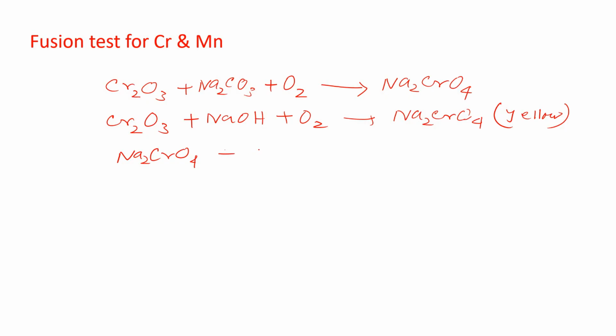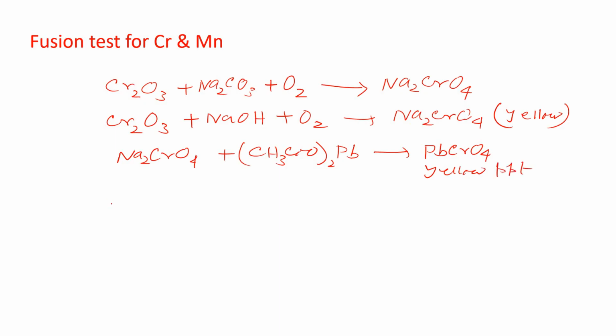Then you will get the precipitate of lead chromate, PbCrO4. This is the yellow precipitate.